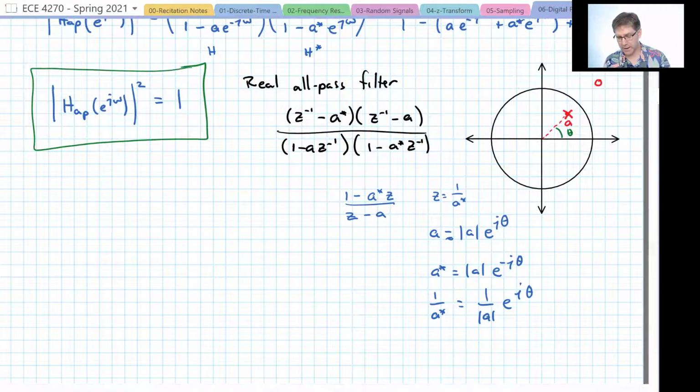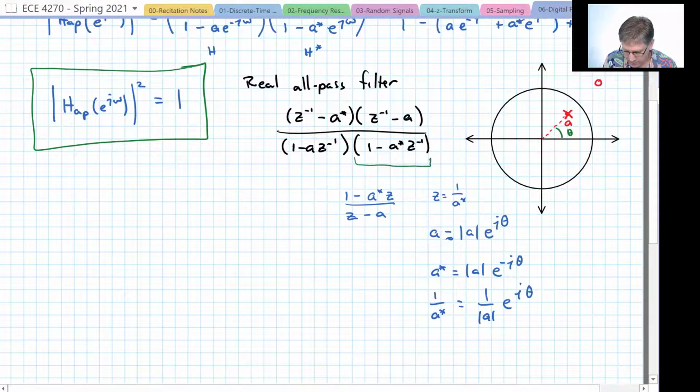So we have a pole and a zero lined up, and one is 1 over the magnitude of the other. When we add in our second term, that's going to give us a pole right there and a zero right out here.